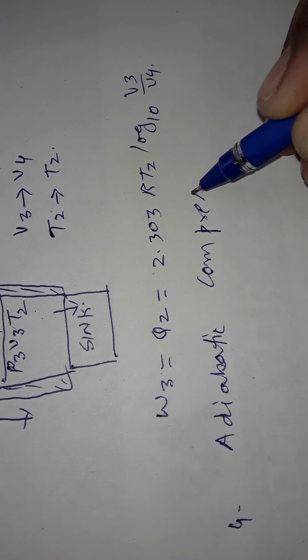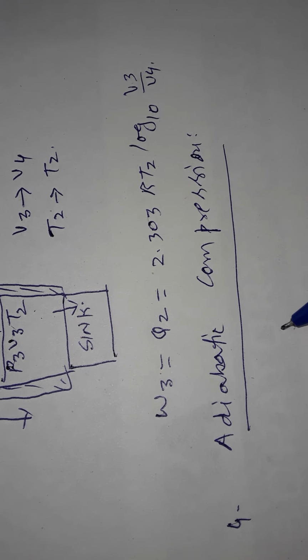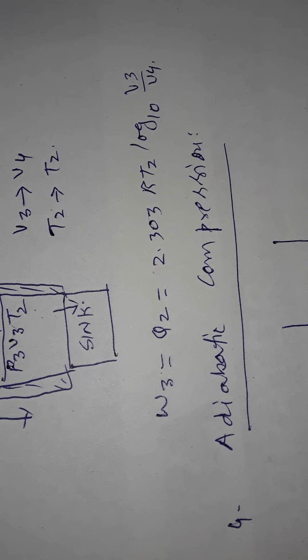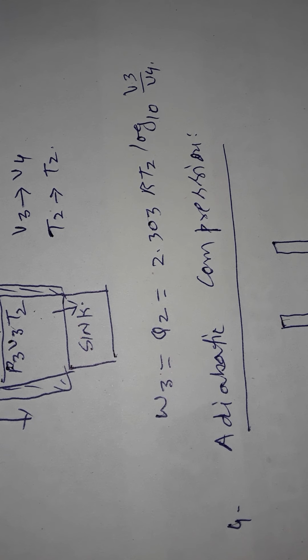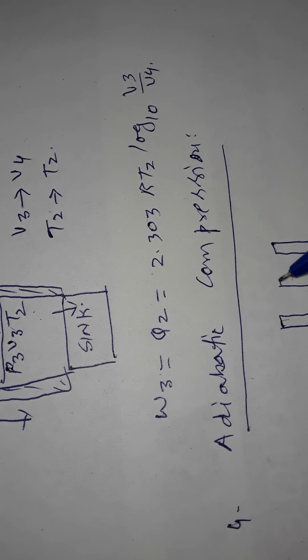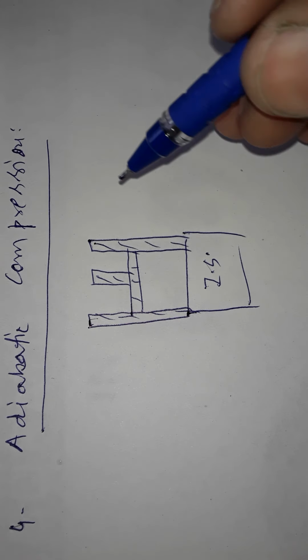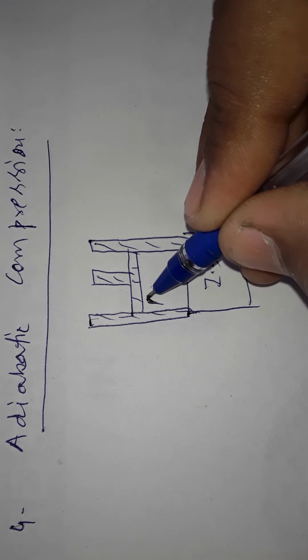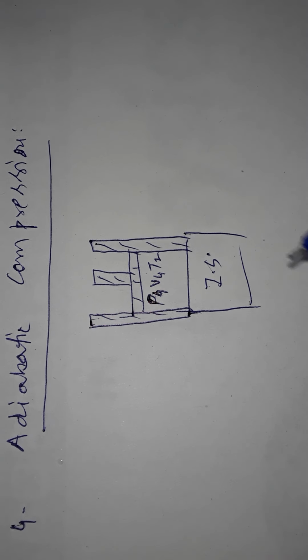Adiabatic compression. In this process, the cylinder is placed on the insulating stand. Initially, the gas molecules have pressure P4, V4 and temperature T2.